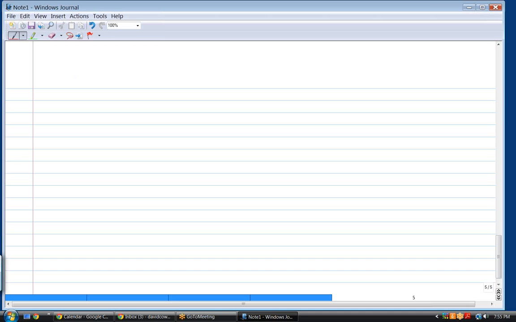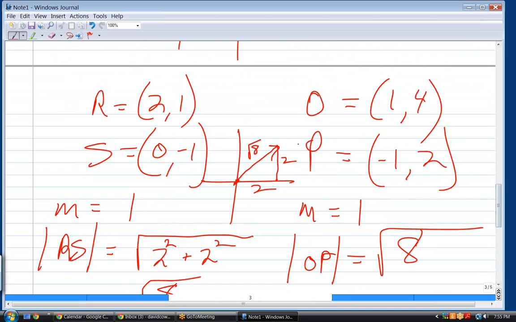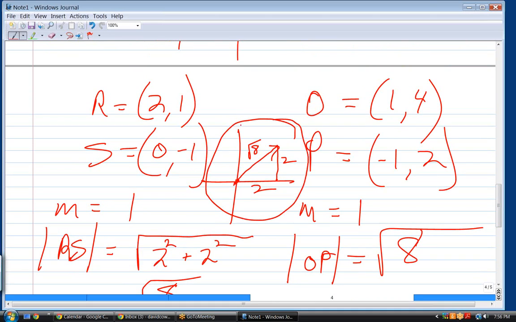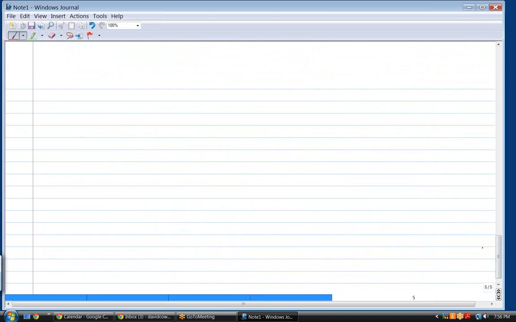When they tell you component form, that means the vector that starts at 0, 0. I found component form of that vector right there. The component form would be 2, 2, as long as you're starting at 0, 0. So taking these vectors and reducing them to component form is an exercise that you have to do quite frequently.